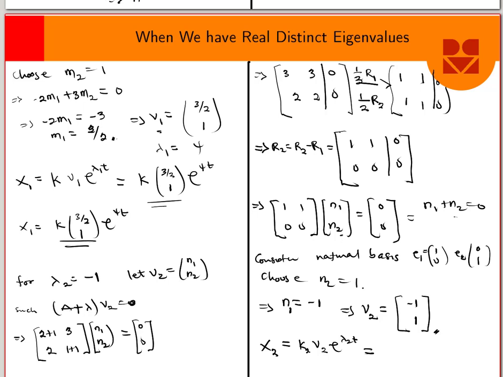This gives us our eigenvector. So this gives us k2 times our eigenvector negative 1, 1. Then e exponent our eigenvalue, which is negative 1. So e exponent negative t as the second part of the solution.